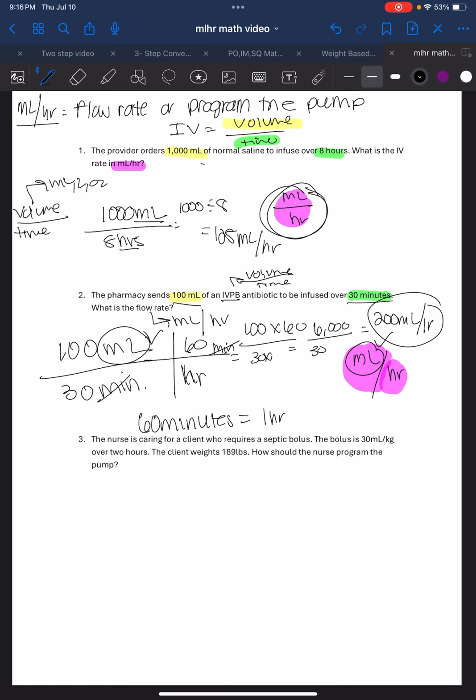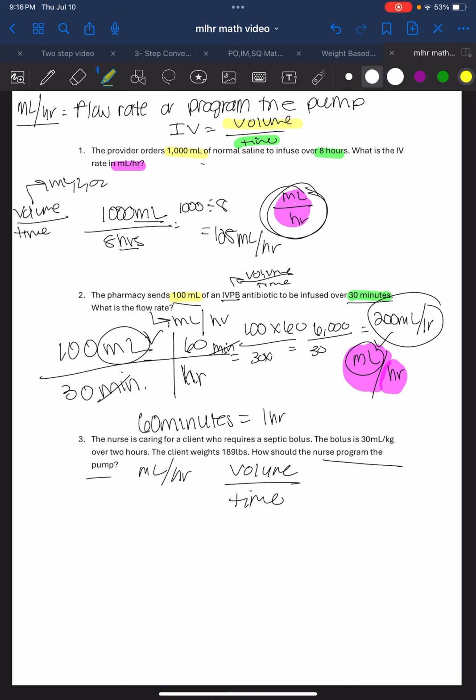This next one is the trickiest mLs per hour you'll probably have, because you have to set up two equations. We already said that if it says program the pump, it's mLs per hour, and you need volume over time. The nurse is caring for a client who requires a septic bolus.